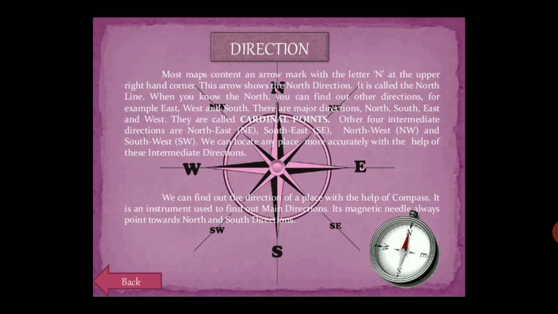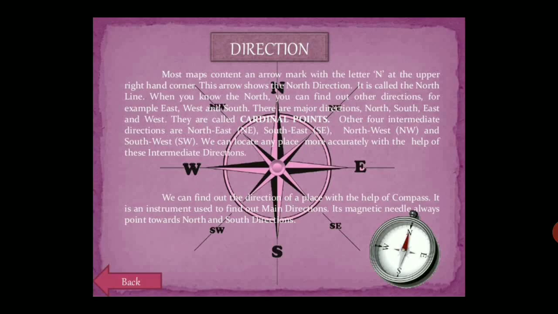There are four major directions: north, south, east, and west. They are called cardinal points. The other four intermediate directions are northeast, southeast, northwest and southwest. We can locate any place more accurately with the help of these intermediate directions.